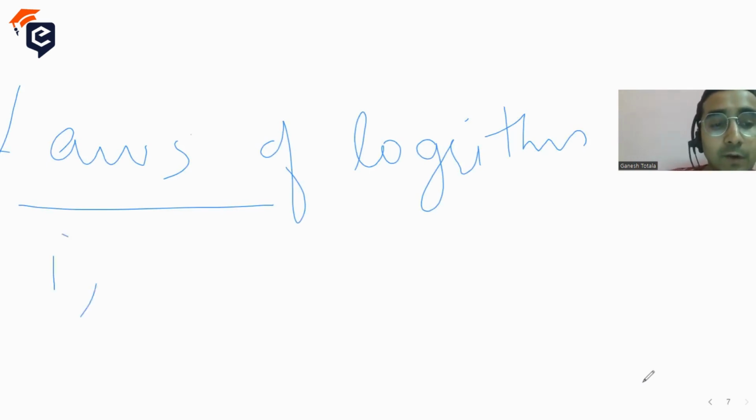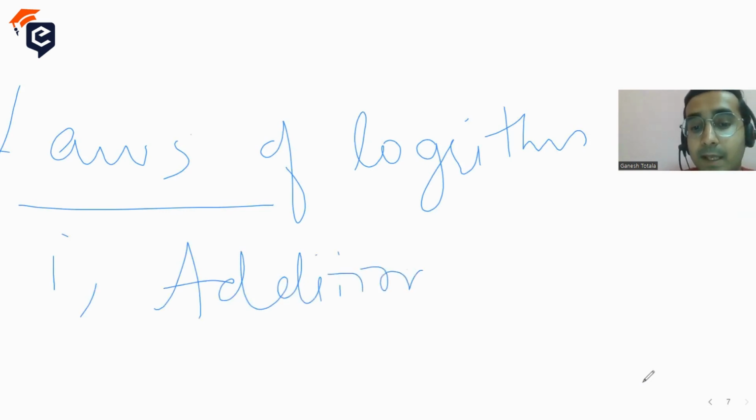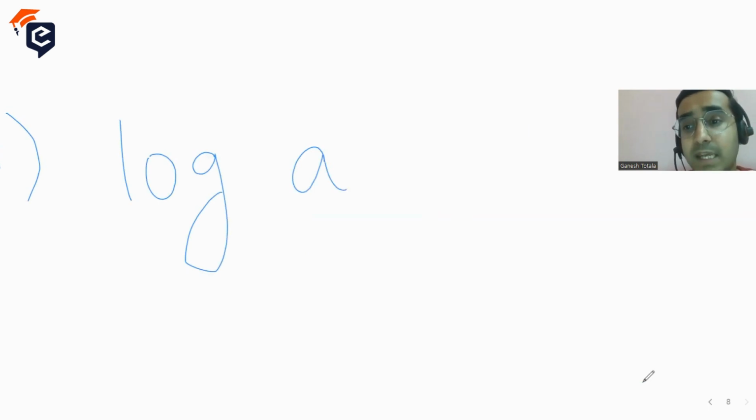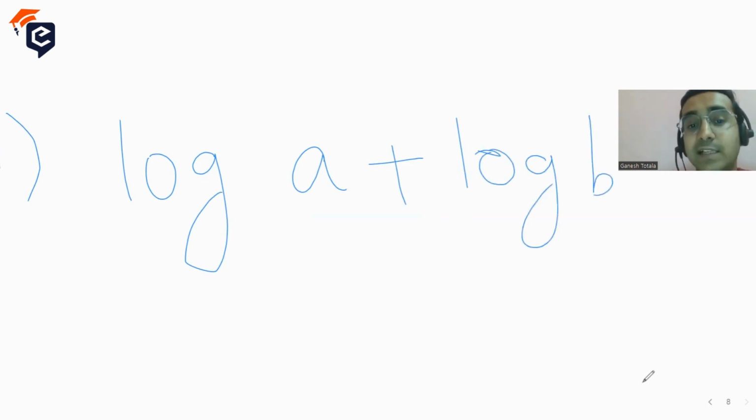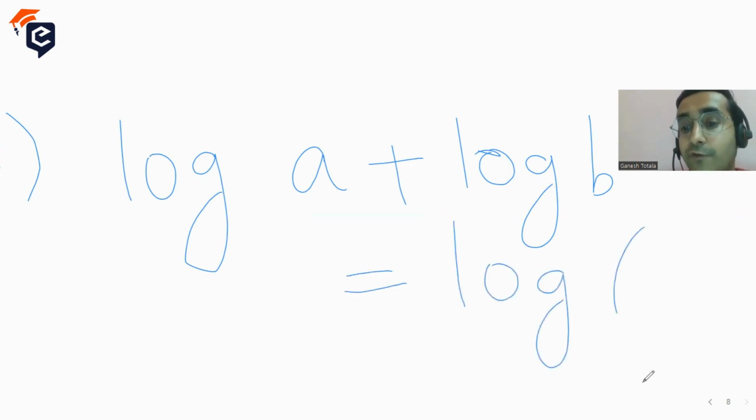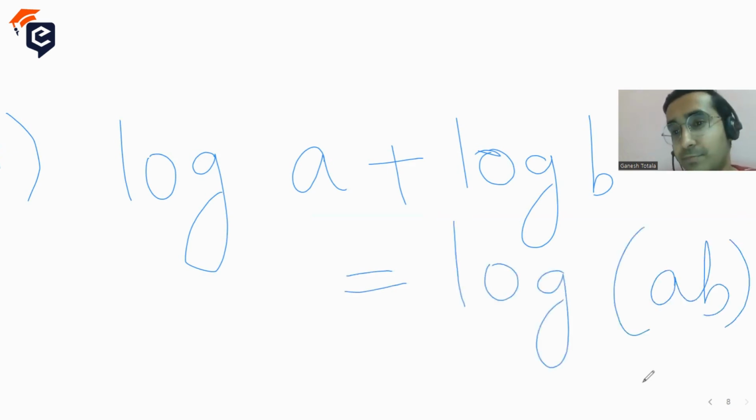The first law is called the addition law. Now, what does this addition law state? Suppose we have two numbers, a and b. If I take the logs of the two numbers, log a, and add them, log a plus log b, this is equal to log of the product of the two numbers.